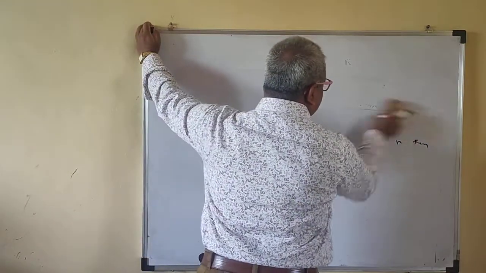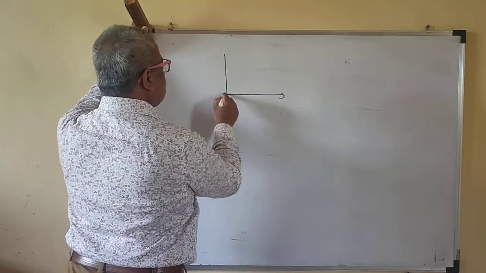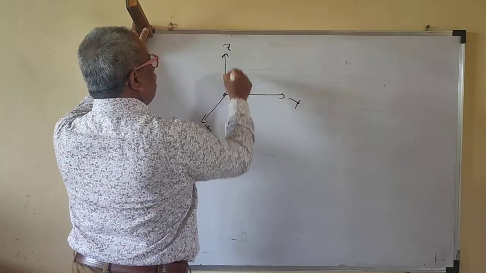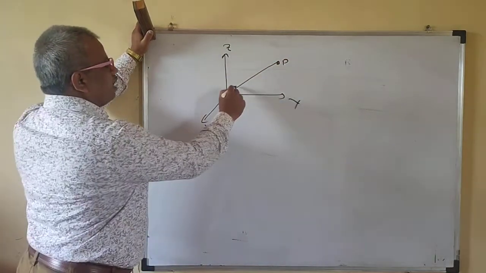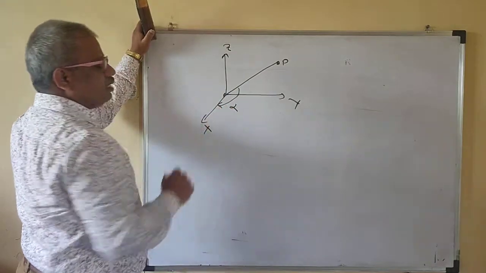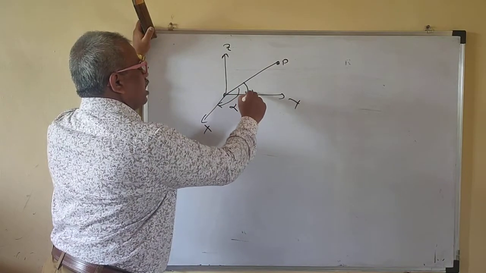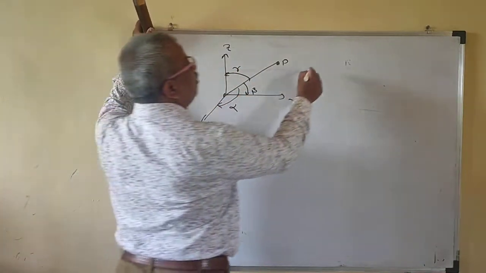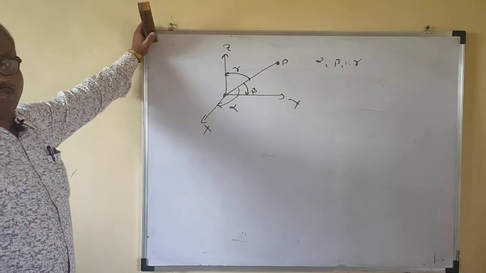Now suppose this is your x axis, this is your y axis, this is your z axis, and suppose this is a line in space. It makes the angle alpha with the positive x axis, this angle is beta, and this angle is gamma. These alpha, beta, gamma are called directed angles.